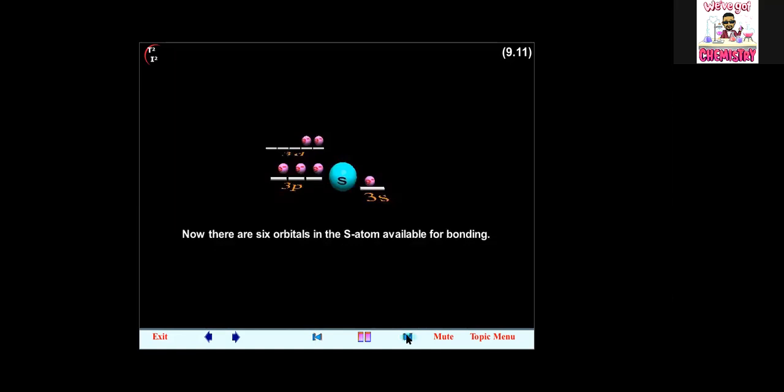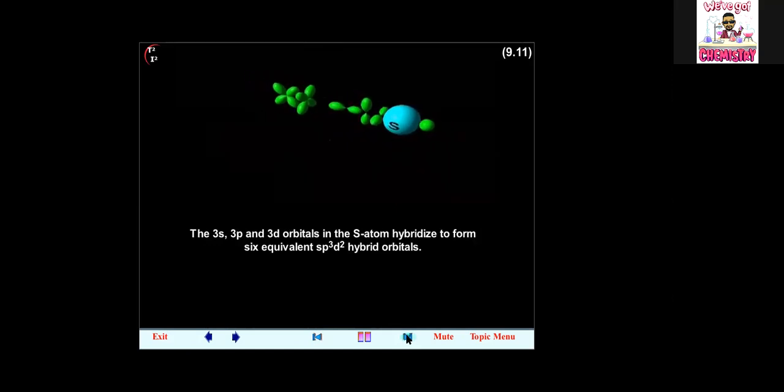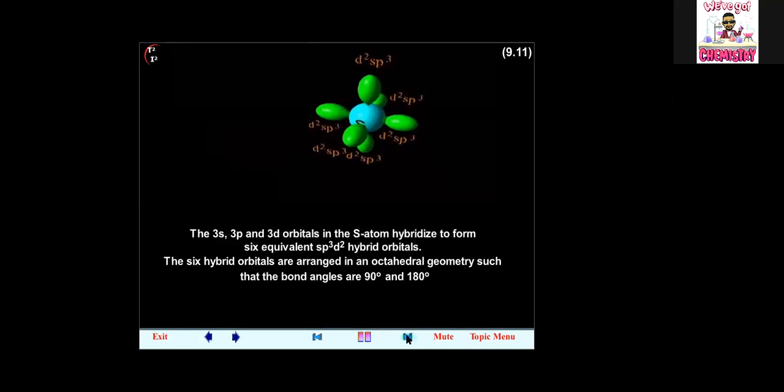Now, there are 6 orbitals in the sulfur atom available for bonding. The 3s, 3p, and 3d orbitals in the sulfur atom hybridize to form 6 equivalent sp3d2 hybrid orbitals. The 6 hybrid orbitals are arranged in an octahedral geometry such that the bond angles are 90 degrees and 180 degrees.